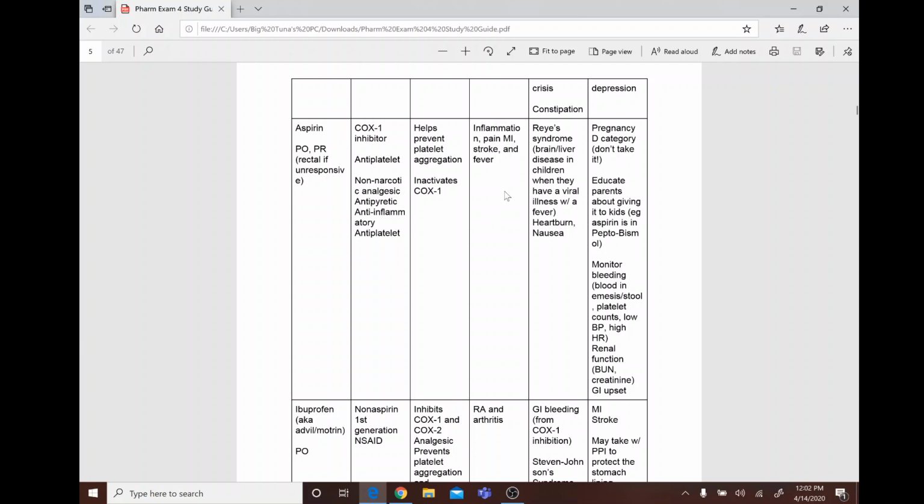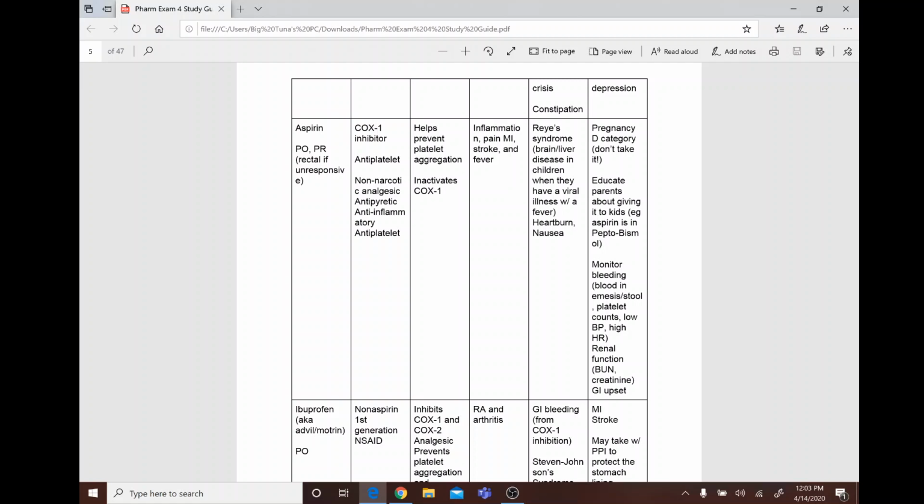What is the action of aspirin? Helps prevent platelet aggregation and activates COX-1. What is aspirin used for? Inflammation, pain, MI, stroke, and fever.